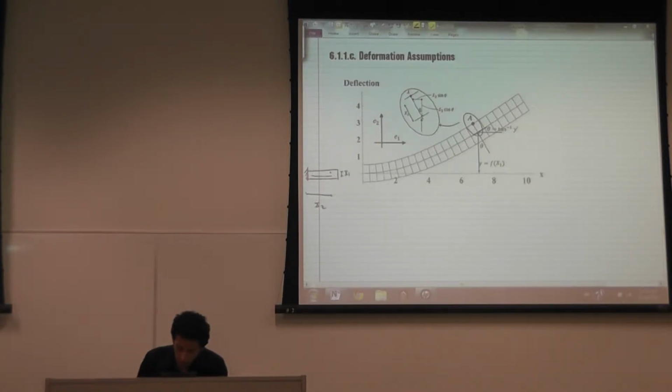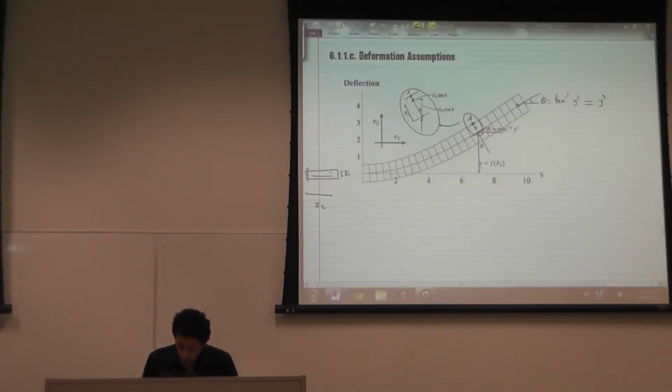After deformation, this is point A, so I'm looking at a point underneath point A. I assume that the beam has moved vertically with a function. The neutral axis has moved vertically a distance y, which is a function of x1. y changes according to x1. And because plane sections remain plane, this angle stays 90. And because I'm using small deformations, theta is equal to tan inverse of y prime, which is equal to y prime. Small deformations.